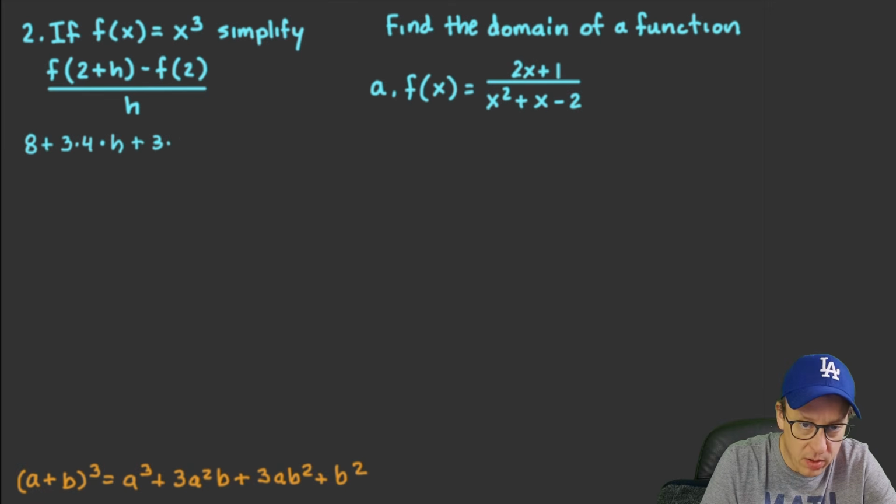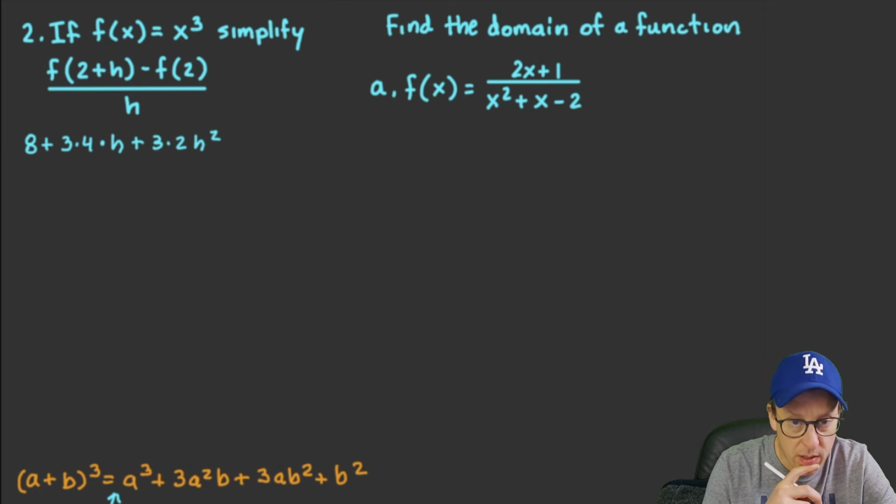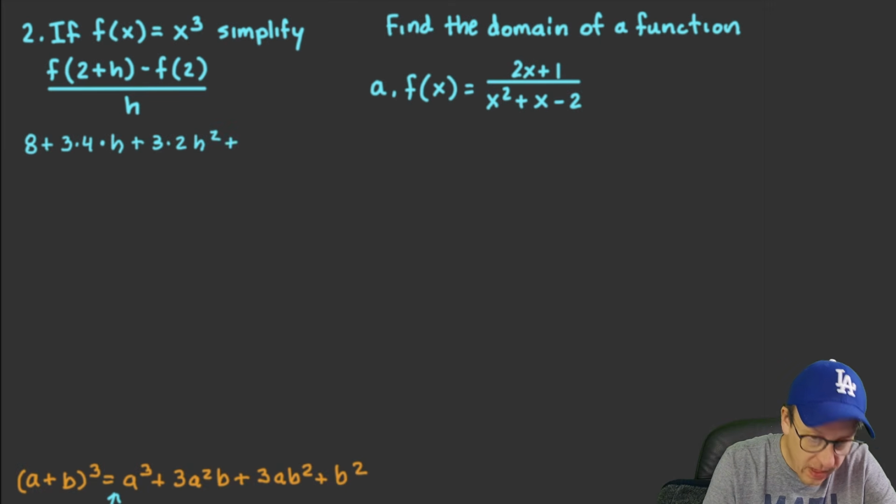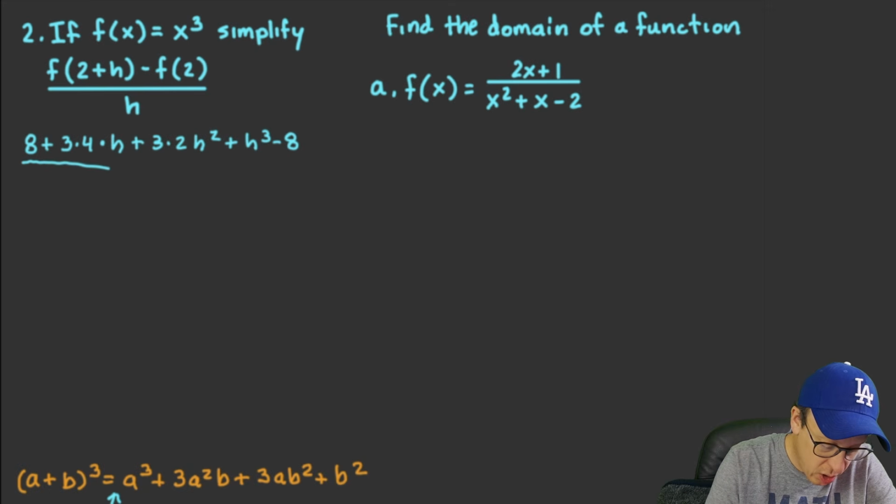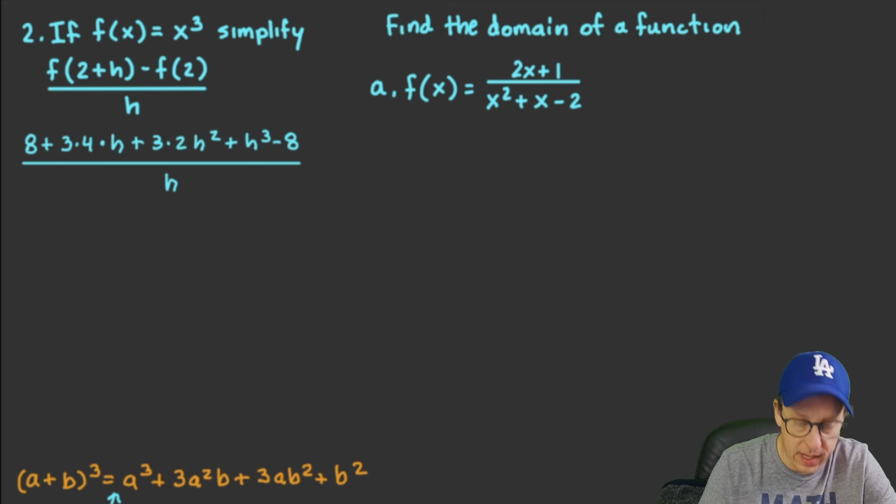So 3 times 2, and I'm just plugging all these values in that are defined right here with this equation that we have here. 3 times 2 times x squared plus h to the third minus 8 over h. Over h, so like that.